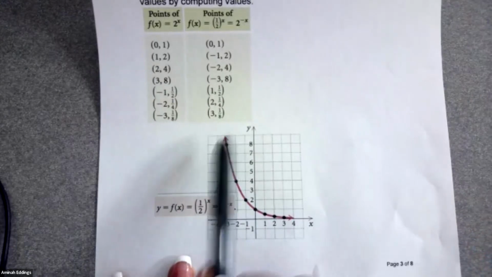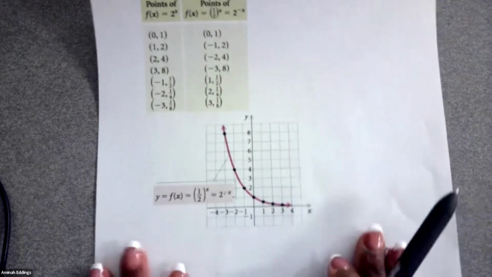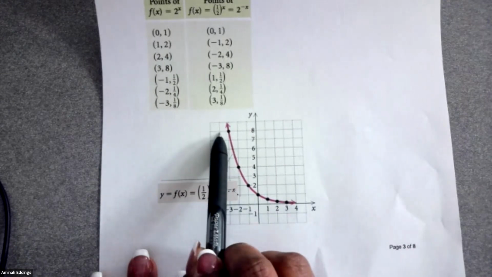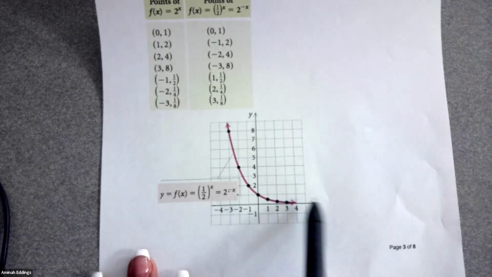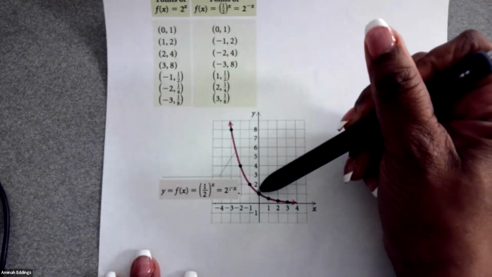So as x gets larger, our y values get smaller and they approach 0. There's that horizontal asymptote. As our x decreases, our y values increase. The horizontal asymptote is still the x-axis, which is y equals 0. And then our y-intercept is (0, 1).